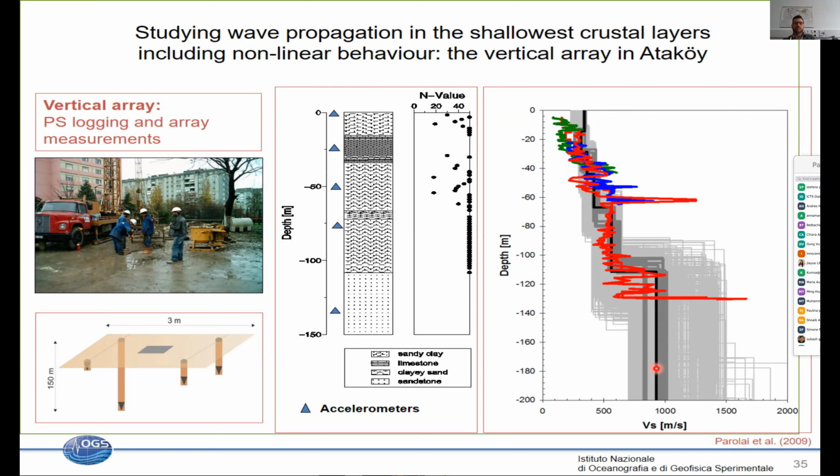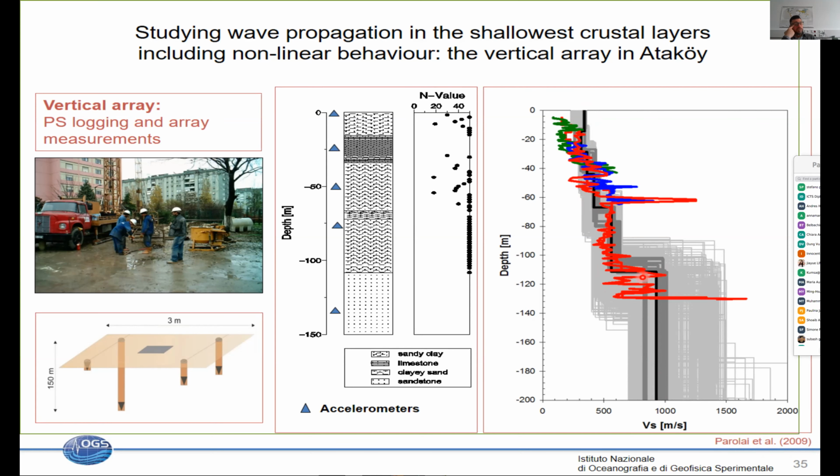We will see later in the course how this was done and how it works. So this noise array provides, in principle, this black line that you see, and it's fitting very well the measurements done in the borehole.